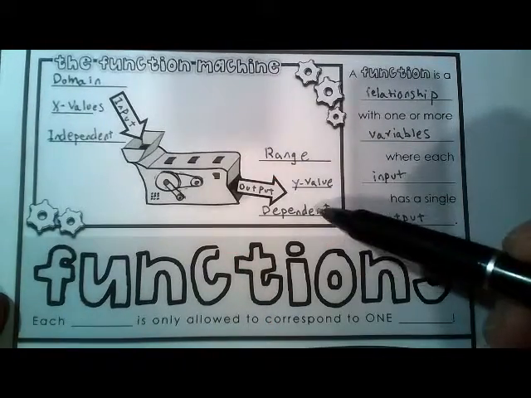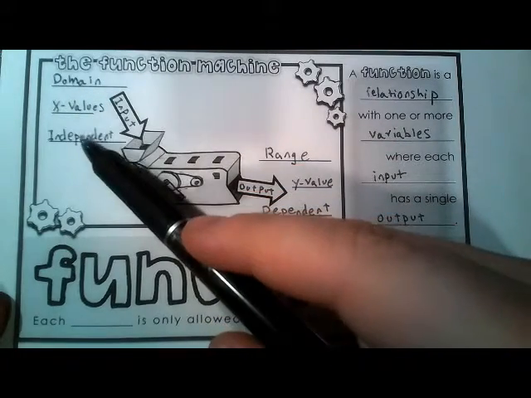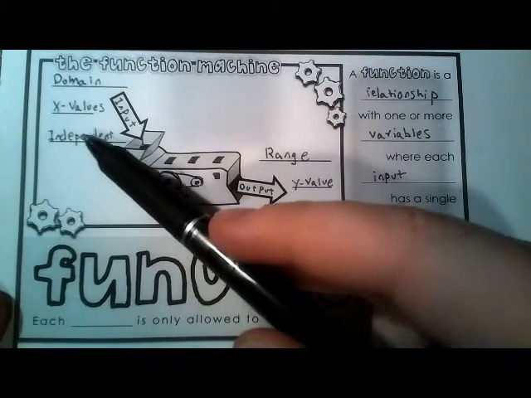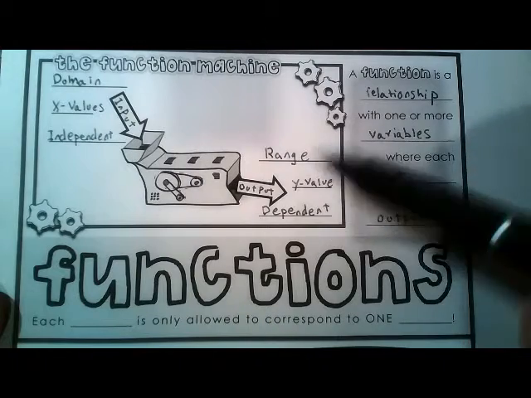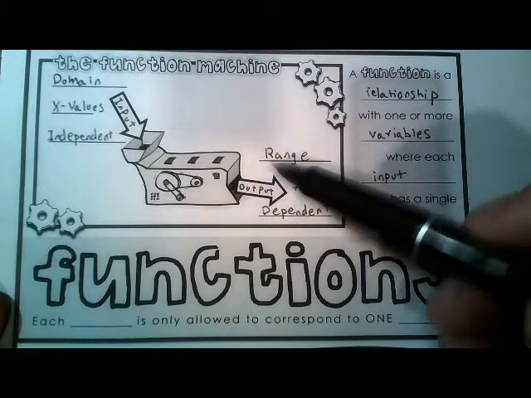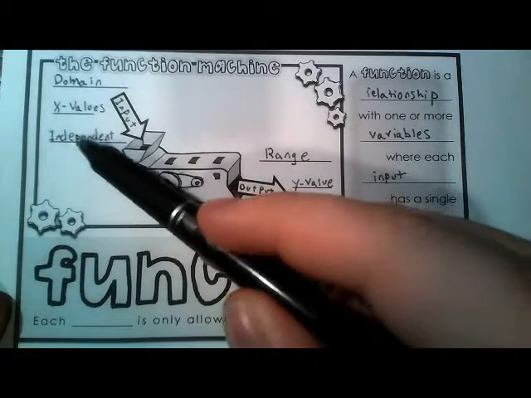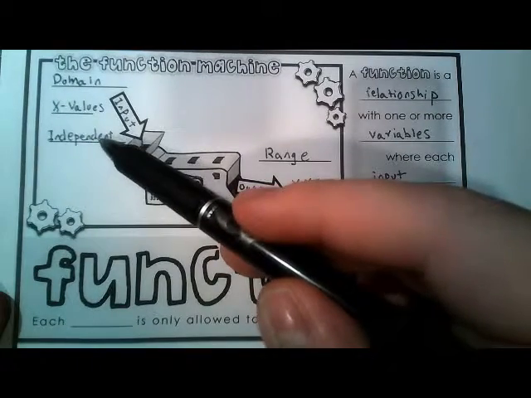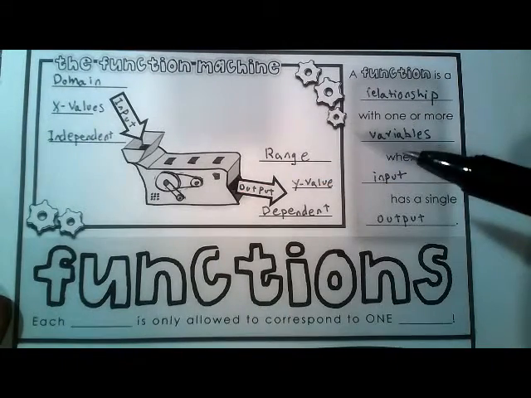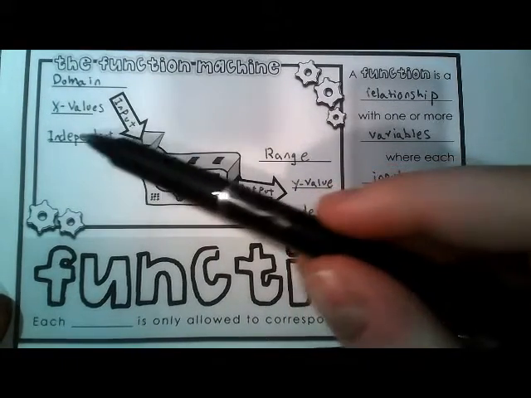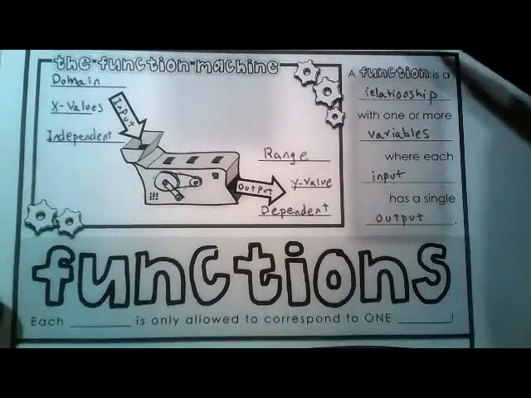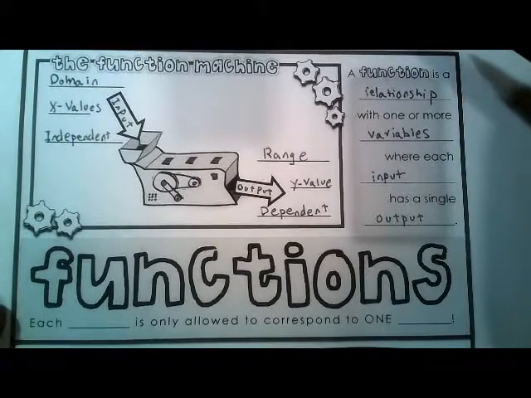So the dependent relies on the independent. Whereas the independent, it doesn't matter what this value is, right? Independent, it's its own number. It doesn't matter about anything else. In word problems, often time is independent because time doesn't rely on anything else. It's just always going.